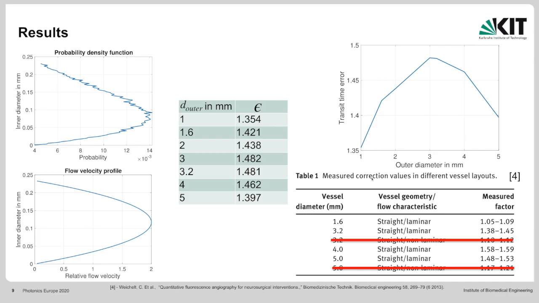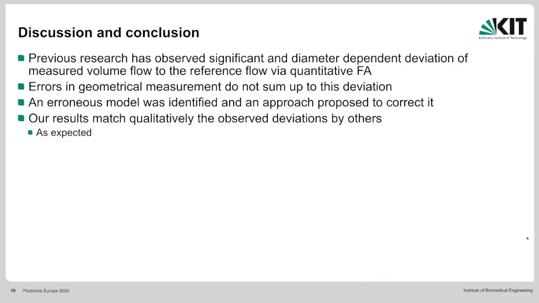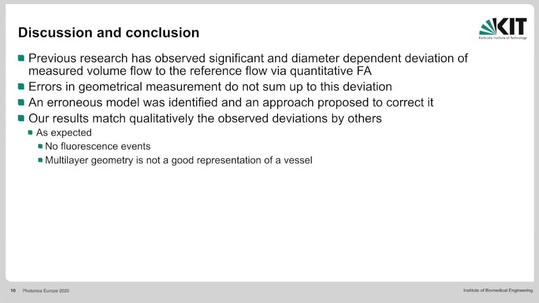We still have a quantitative deviation from the experimental results, which is not surprising. The red bars here show the values for the non-laminar case, which were done in this experiment as well. Okay, let's sum it up.